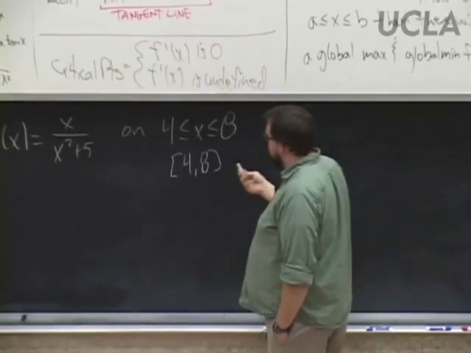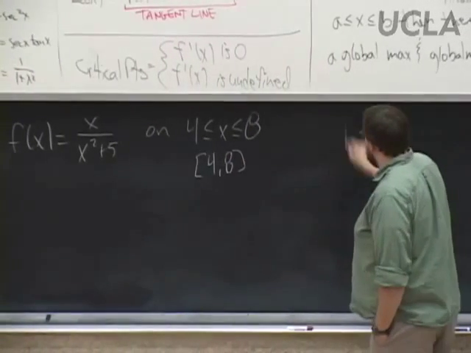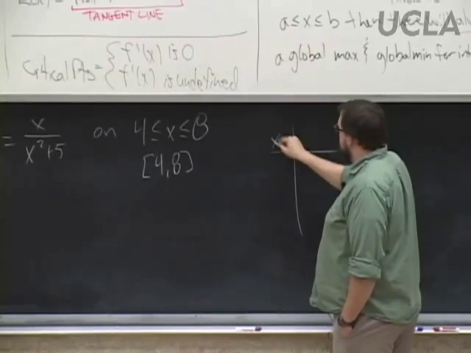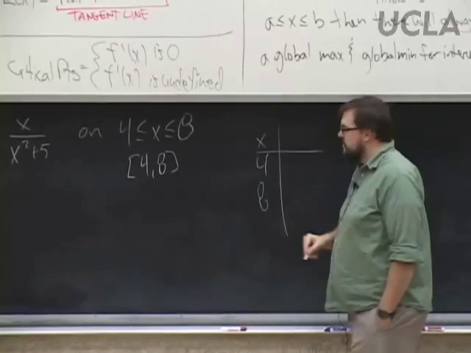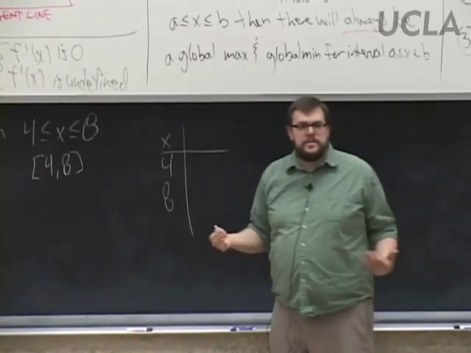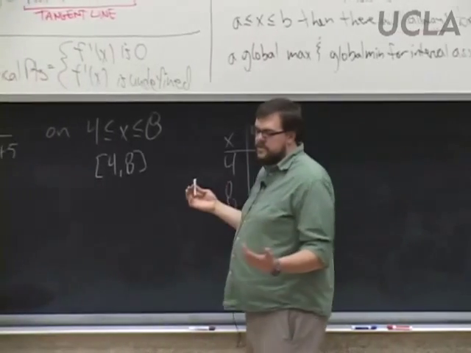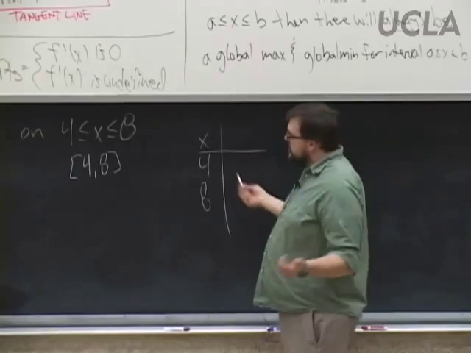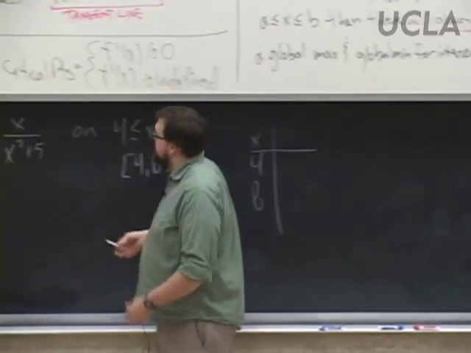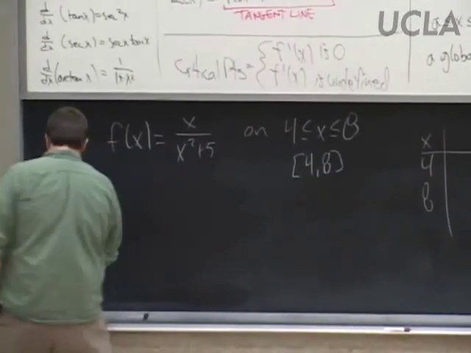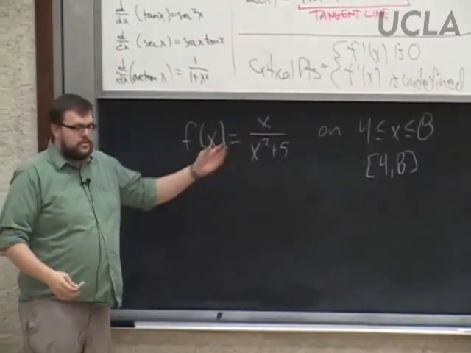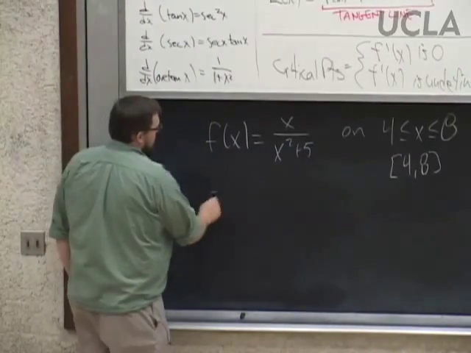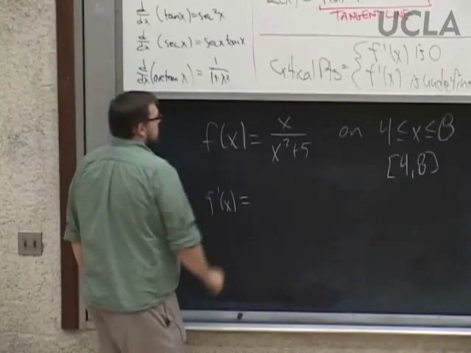Okay, so first off, if we were making a list of candidate points, definitely 4 and 8 make the cut because they're the endpoints. Endpoints always get listed as possible points where the maximum can occur. And then the next thing you look at is the derivative. Now, I didn't write down the quotient rule here, but here would be a great time to use it.